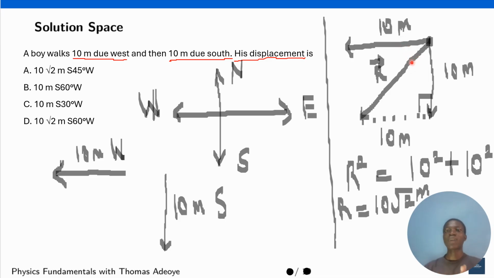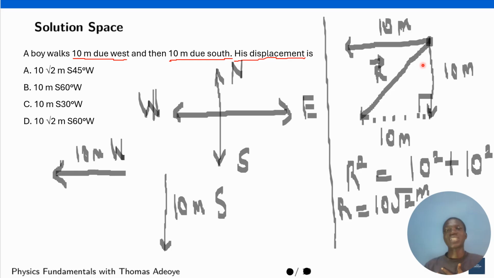So we can calculate the angle that it makes with the south or the angle that it makes with the west. Once we calculate one, easily we can get the other.